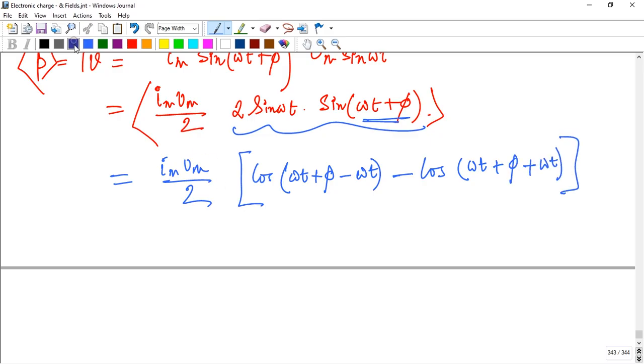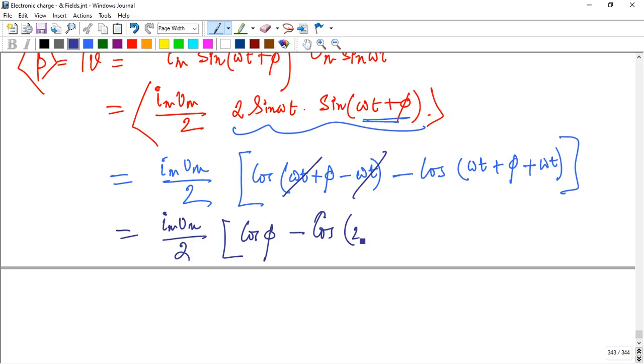Now that is equal to Im Vm by 2, cancelling these two, cos phi minus cos of (2 omega t plus phi). And that's the average power.